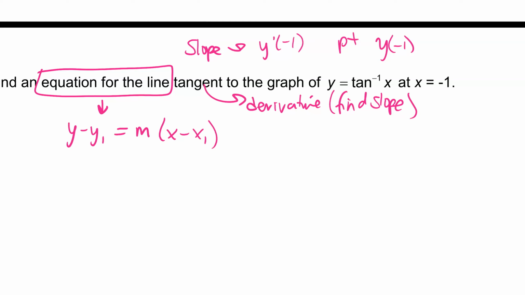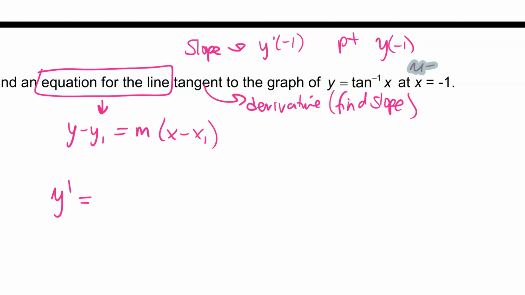Cool. So first, let's find the slope. First, let's find y prime, aka the equation. So we're finding the derivative, the slope, for tan inverse of x. What is u here equal to?